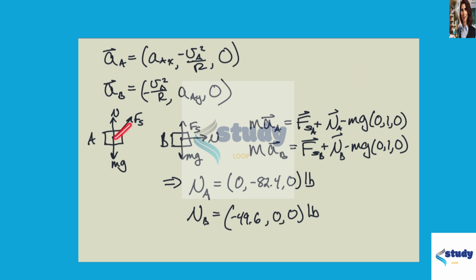And so we have our spring force, and then we can find the component of that in the vertical direction, and that gives us an equation for the normal force, and that normal force becomes 0, minus 82.4 pounds, and then 0 in the z direction.